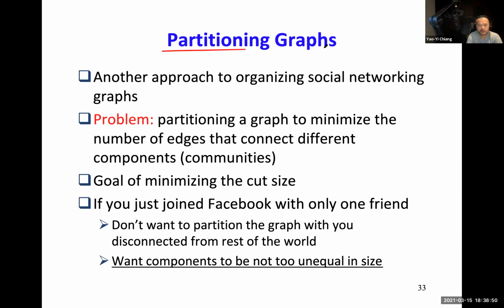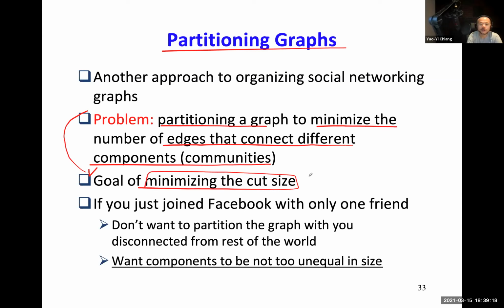So we want to partition the graphs. The problem here is we want to partition a graph to minimize the number of edges that connect different components, right? We want to minimize the number of edges that we want to cut, because if we remove them, we are going to have communities. And we have a goal. Our goal is to minimize the cut size.